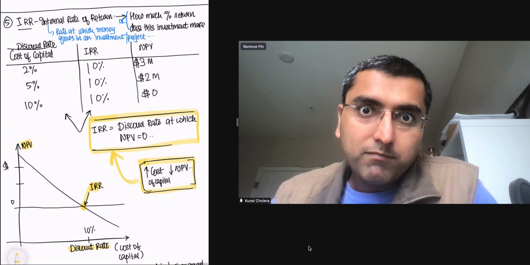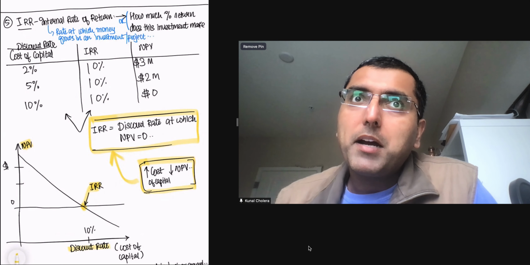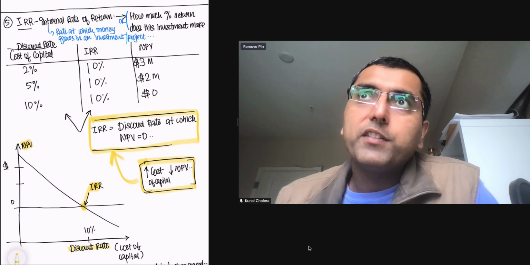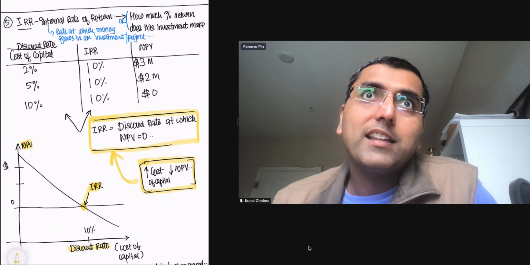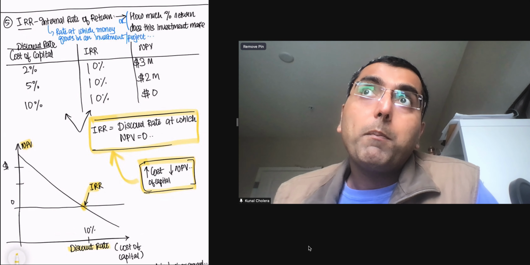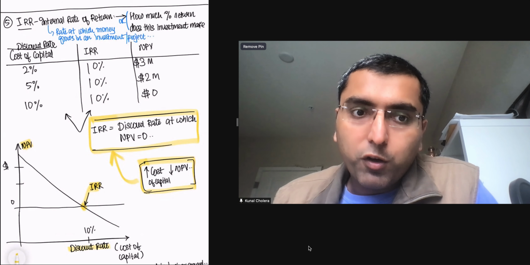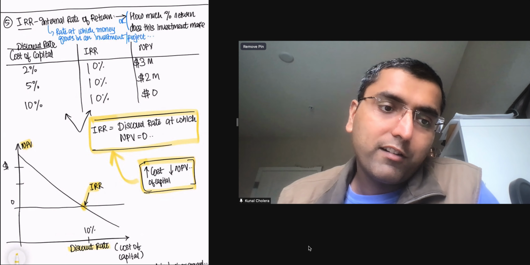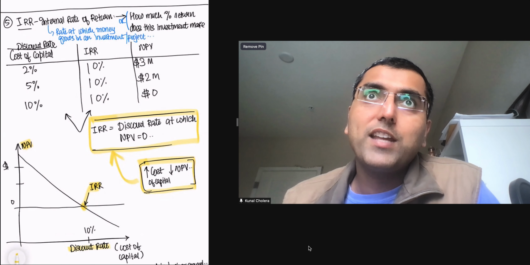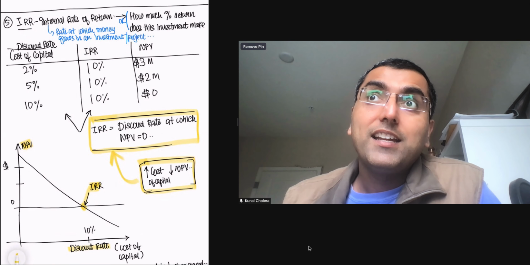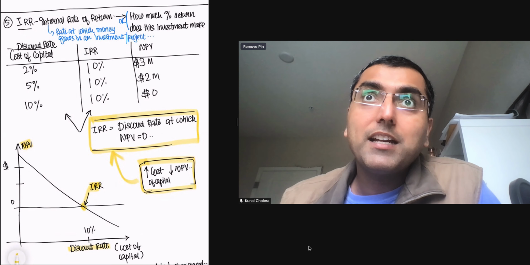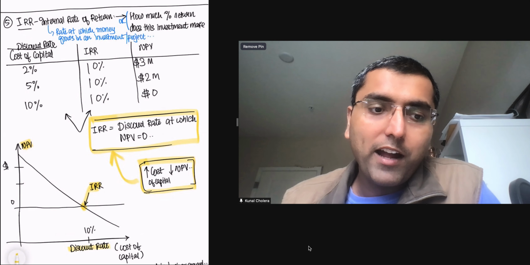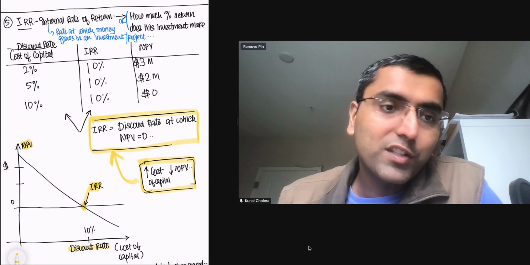Because if it's difficult or more expensive to get the money to invest in the project, then NPV decreases. So the point at which NPV becomes 0, that rate is the IRR, right? Because at that point, the money coming in equals the cost of capital. So IRR is when NPV equals 0.